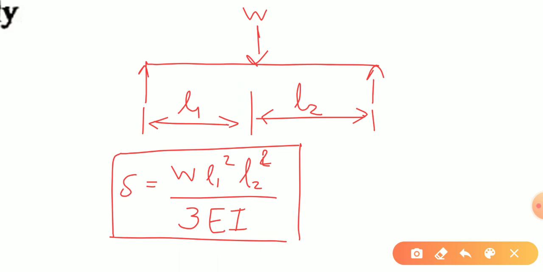But the same for static deflection due to uniformly distributed load for a simply supported beam.